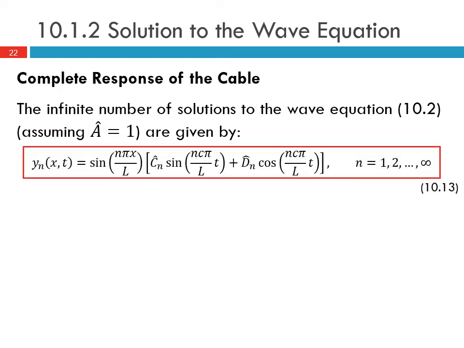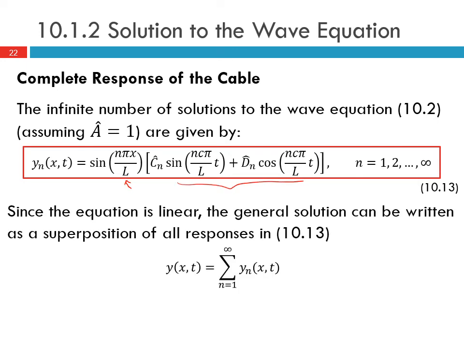So yn of x and t is equal to sine n pi x over L times cn sine nc pi over L t plus dn cosine nc pi over L t, where n goes from 1 to infinity. So again, this is the mode shape, and then this is the time varying harmonic motion.